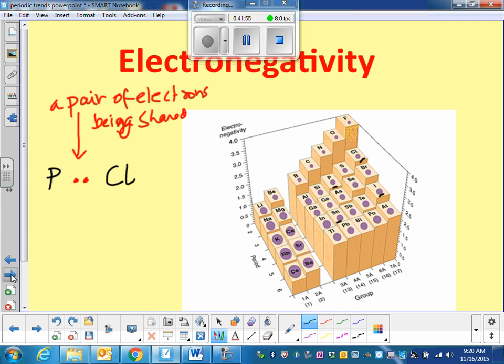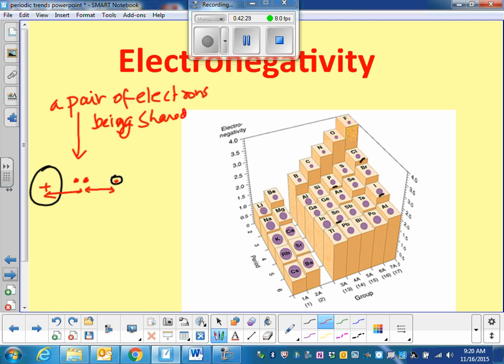Now let's think about the size. Which do you think will have more control, a smaller atom or a bigger atom? Think. In which case is it closer to the nucleus, when it's smaller or when it's bigger? When it's smaller, it's closer to the nucleus.